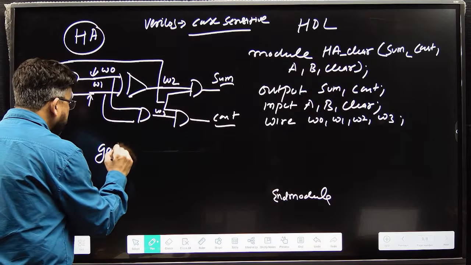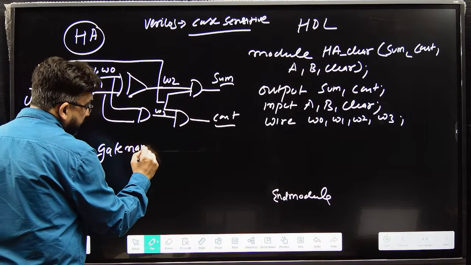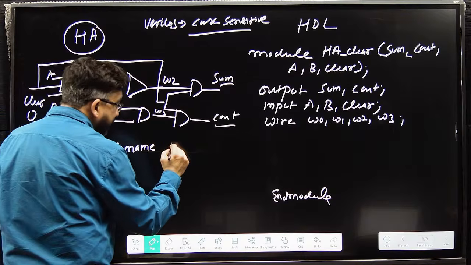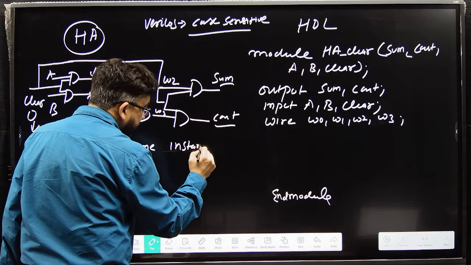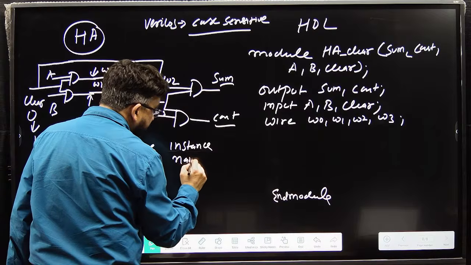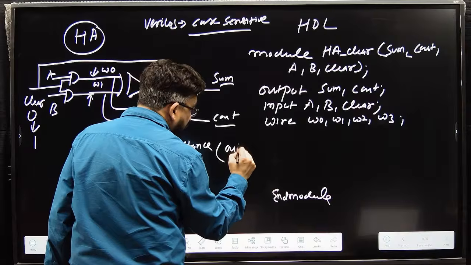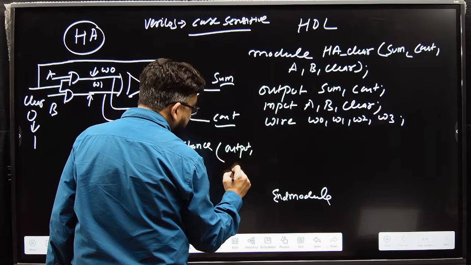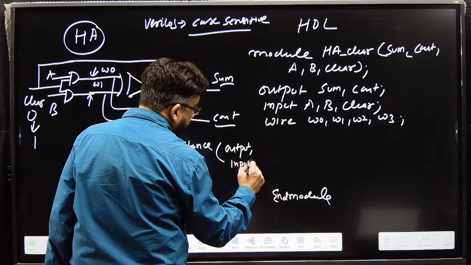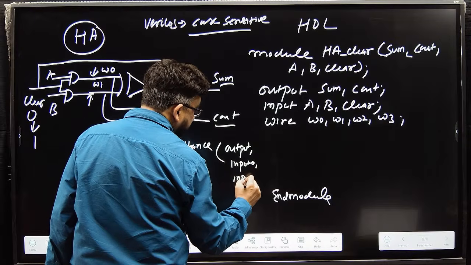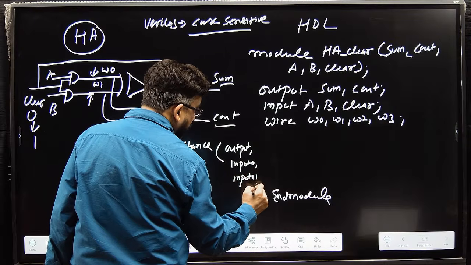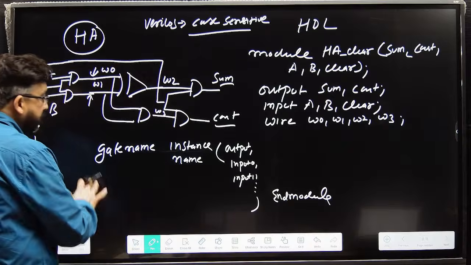Gate name, then instance name, which means we have to give it some name, and then output, and then input 0, input 1, and so on. So this is the syntax.